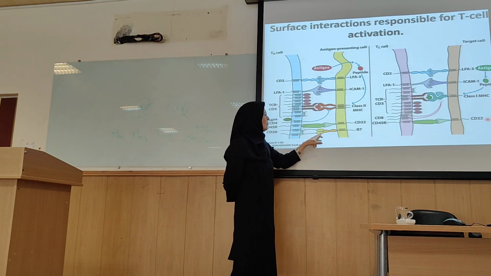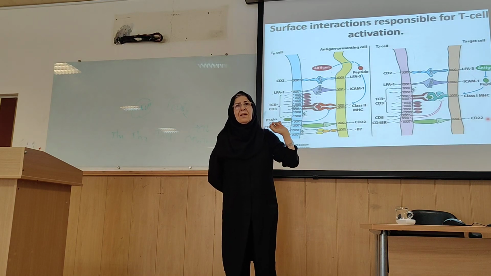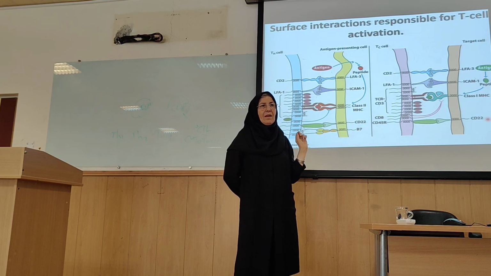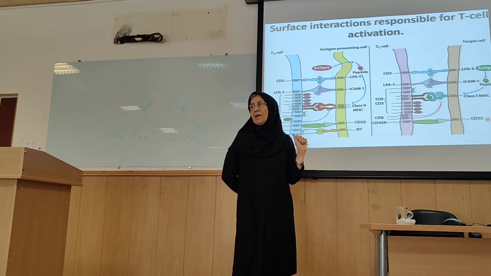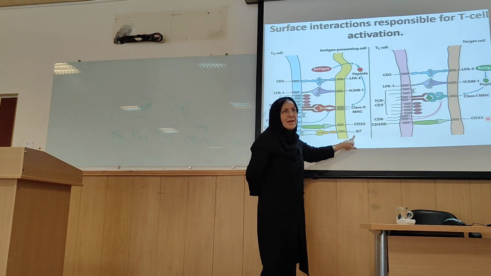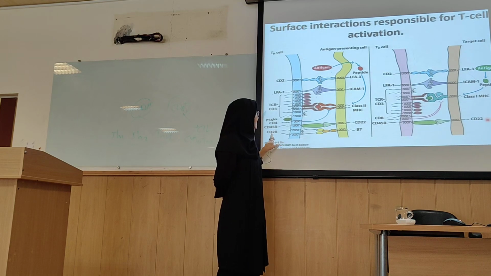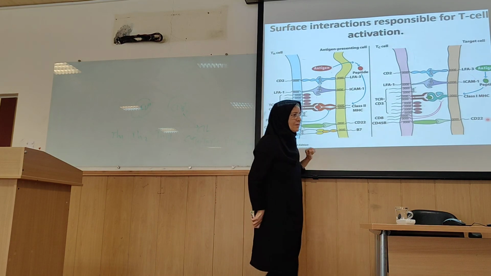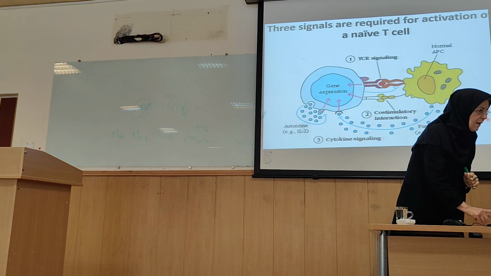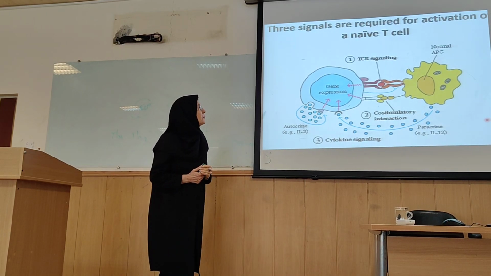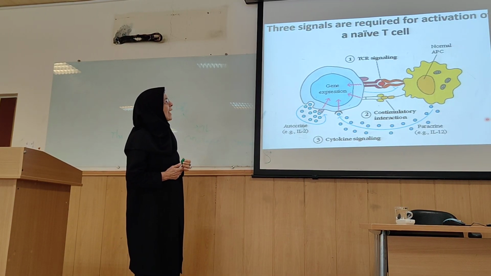You can see here, one of the most important co-stimulatory molecules is B7 on the surface of APCs and CD28 on the surface of T cells.